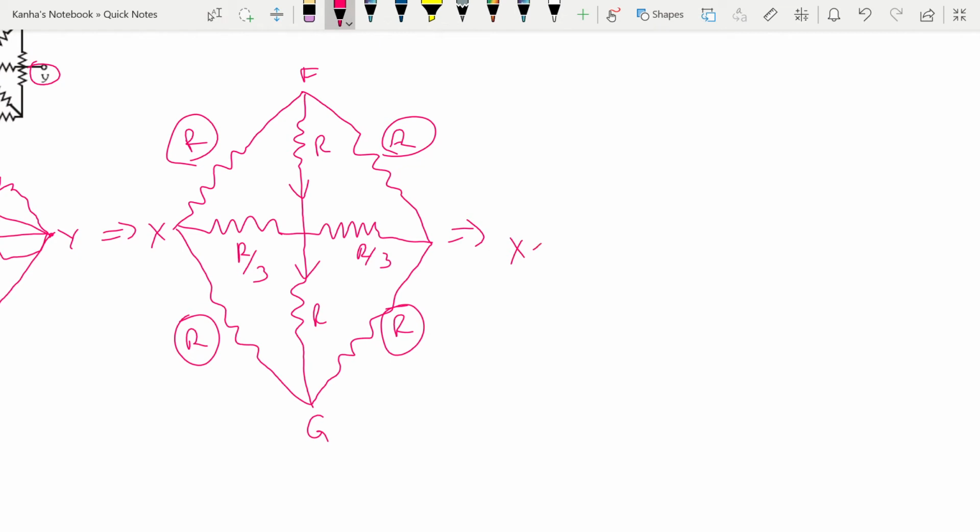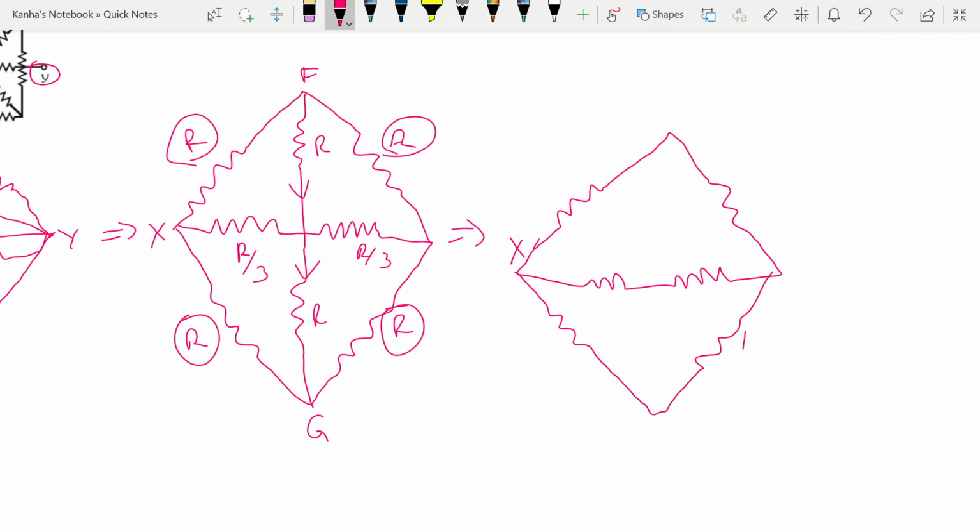I am left with X having a resistance here, a resistance this side, R by 3 here, R by 3 here, and R here and R here. So R, R, R, R, R by 3 and R by 3.